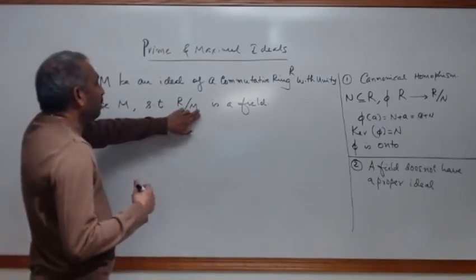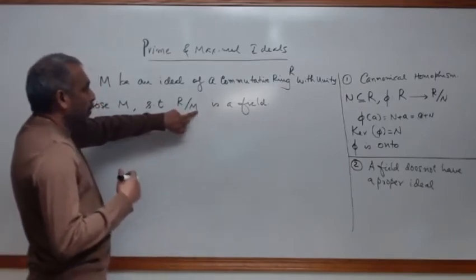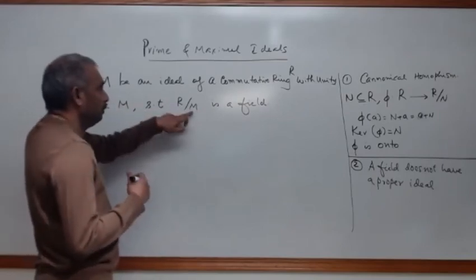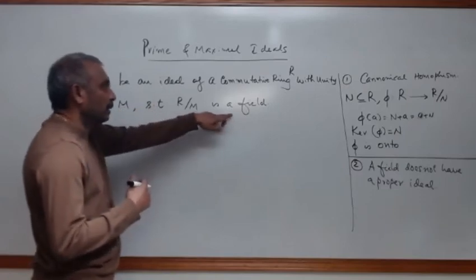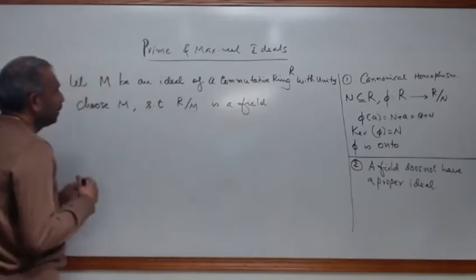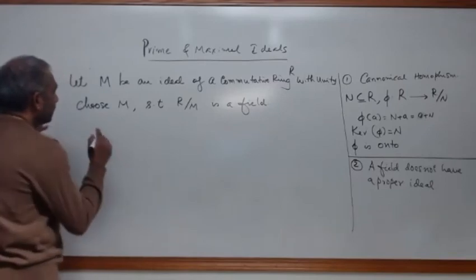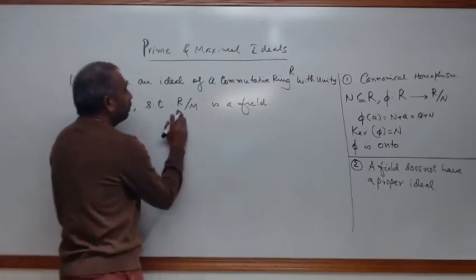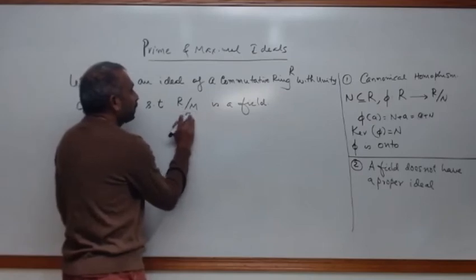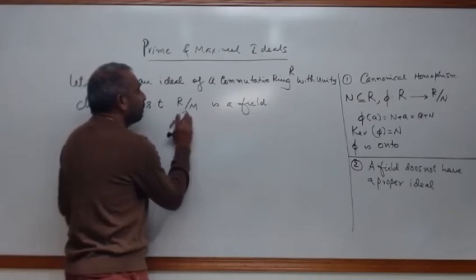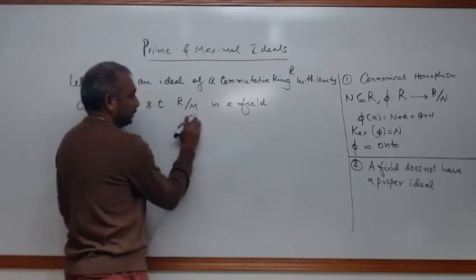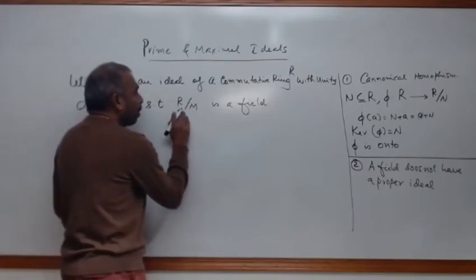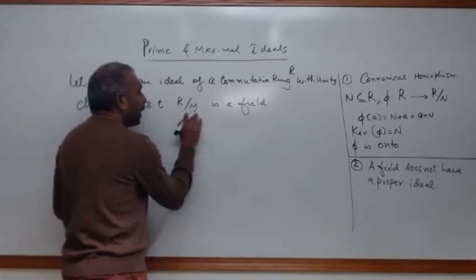Then what are the properties of M? You cannot choose any M and make this a field. So what you need is to choose M such that R over M does not have a proper ideal.